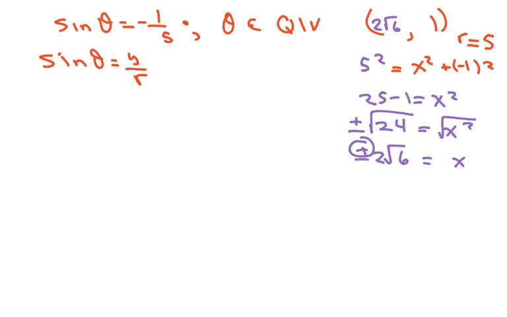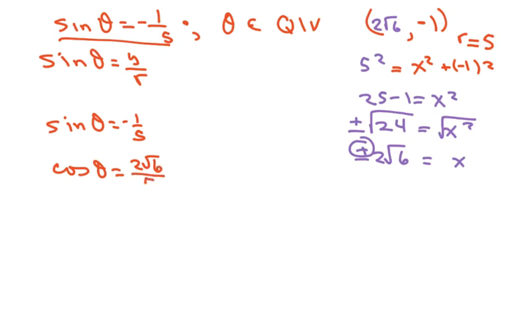And this looks funny, it's negative 1. So we have our sine. I'll write it again: cosine is your x over r, and tan is your y over x.